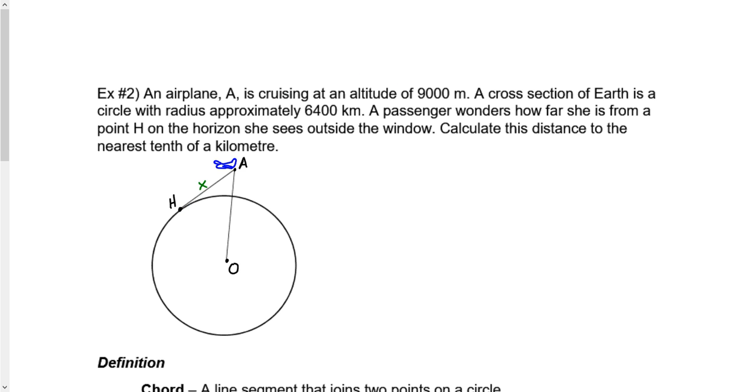At the same time, it's cruising at an altitude of 9,000 meters, which means above the Earth it's 9,000 meters. The Earth is approximately, I know it's an oval, but approximately a circle with a radius of 6,400 kilometers.